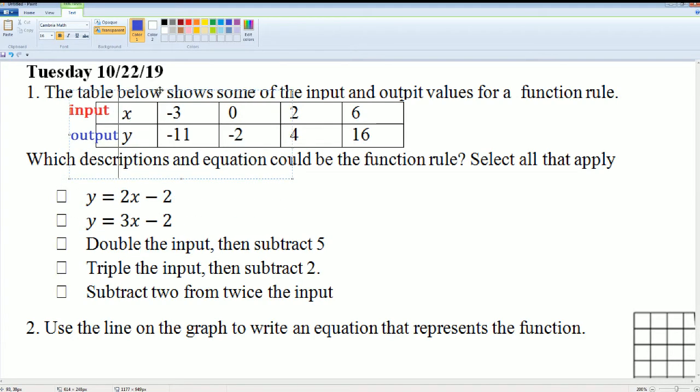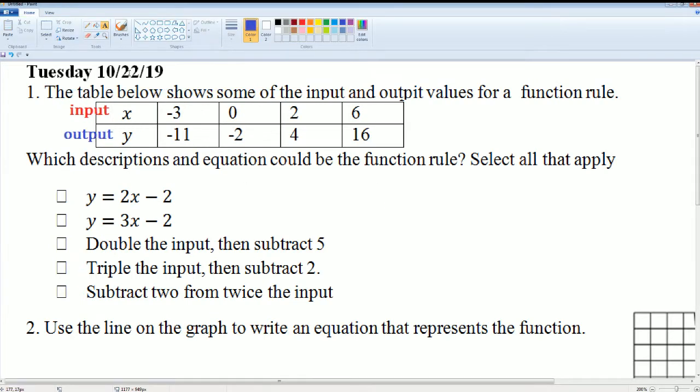All right, so let's check this out. The first one is an equation, so we have to test it out. We can grab some values. Let's test this: y is equal to 2x minus 2, but what is x? x is 0, so plug in 0.